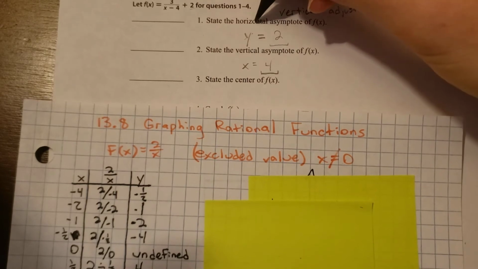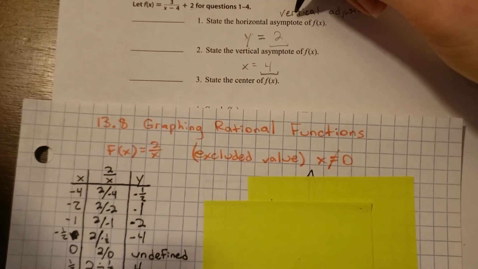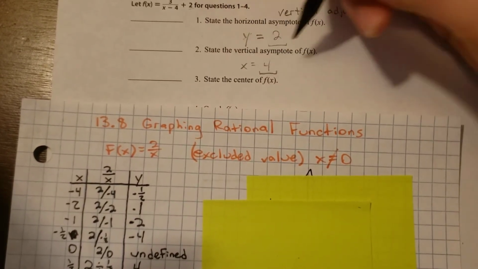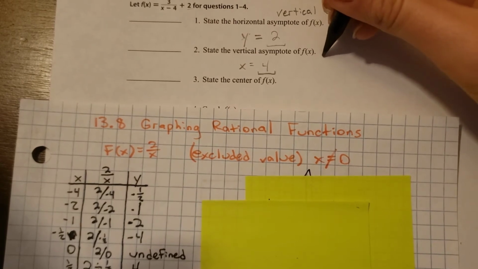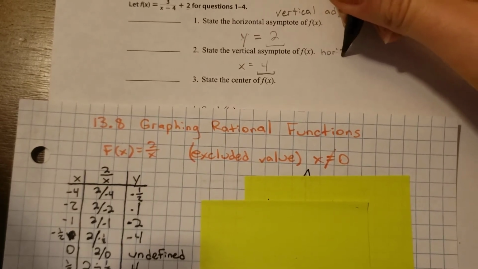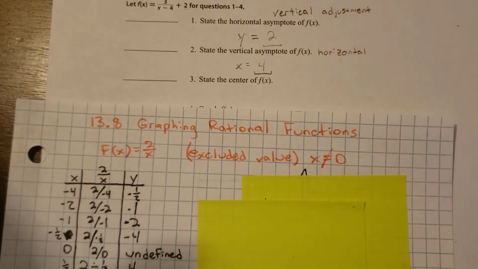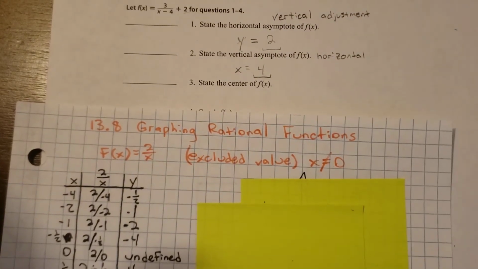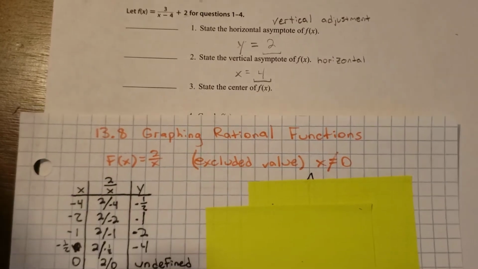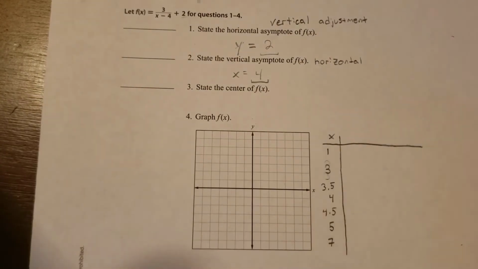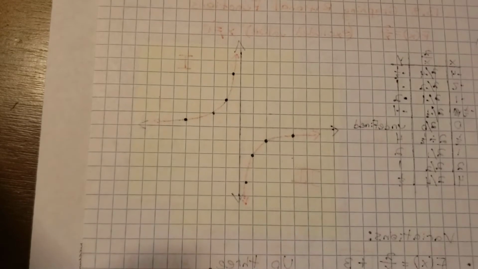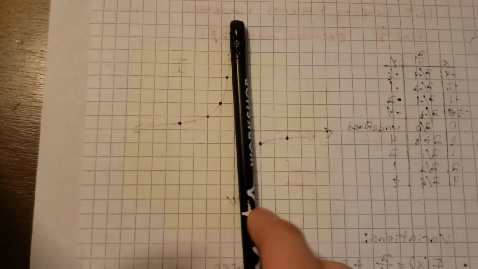I know it's weird that the horizontal asymptote deals with the vertical adjustment and the vertical asymptote equals the horizontal adjustment, but that's just the way it is. It's because of our x and y values.